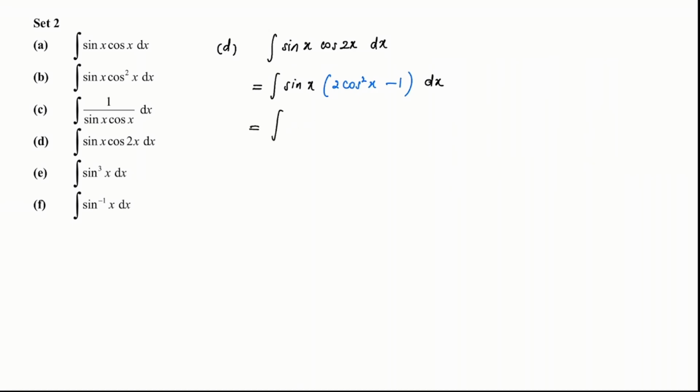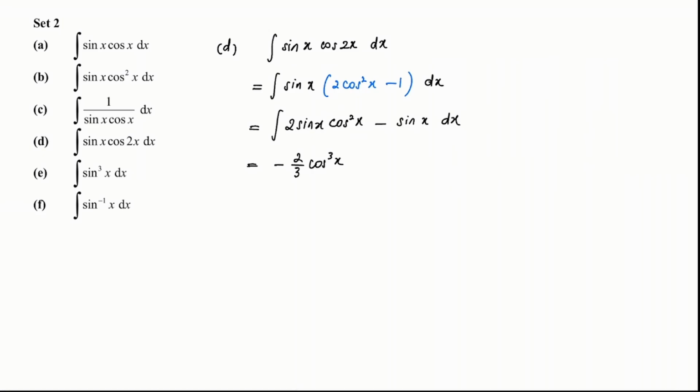Okay, we have our 2 sine x cosine square x. And this one is something that we've done in the earlier part of the video. Okay, so altogether, this one over here will be negative 2 over 3 cosine cube x, which is what we've done earlier, right? Bring the power up. Okay, so this one is the ff prime, power up.